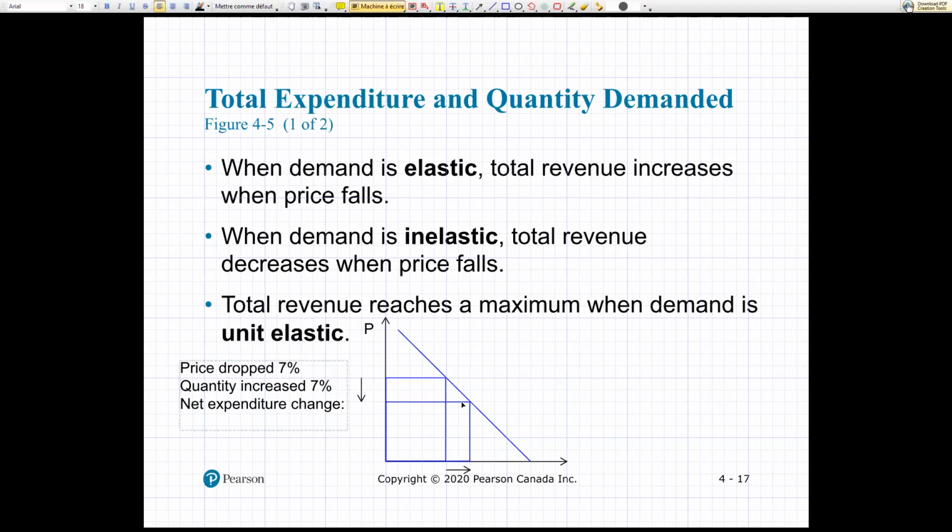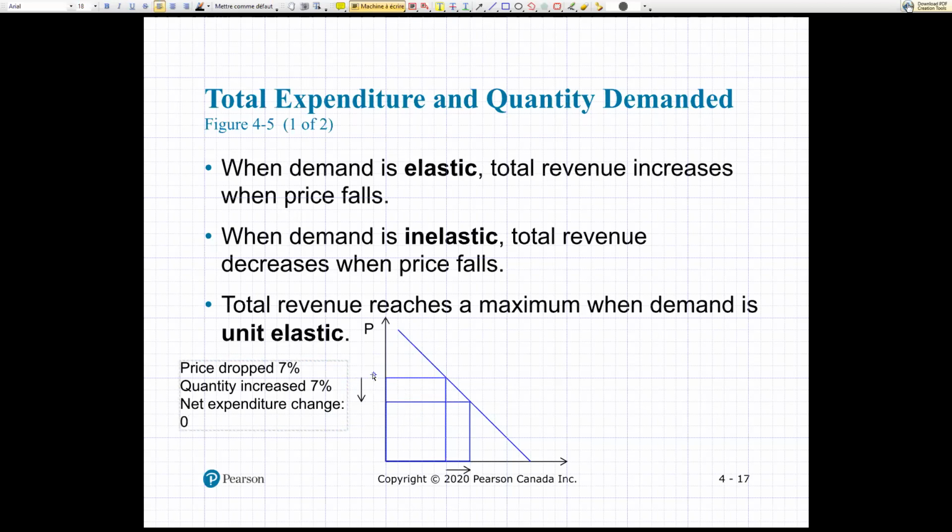Yeah, but it doesn't have to be. I could have a different slope. It's just easier for me to do it with the 45-degree line, but I could squish this graph and it would work. The important thing is that the percentage change of the price is exactly the same as the percentage increase in the quantity.